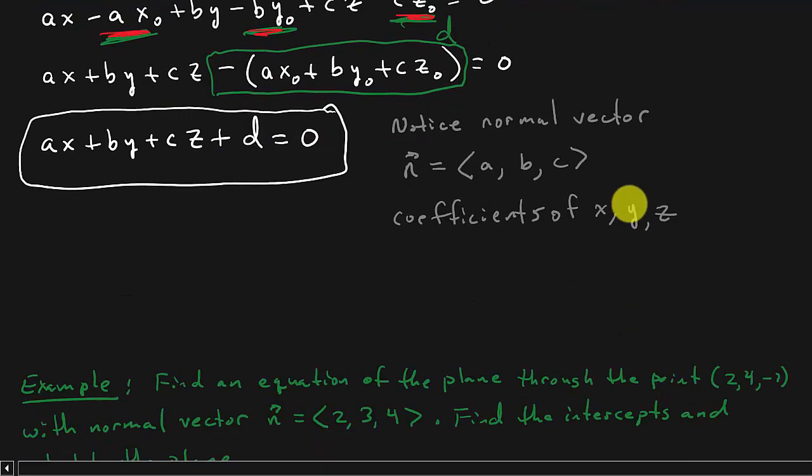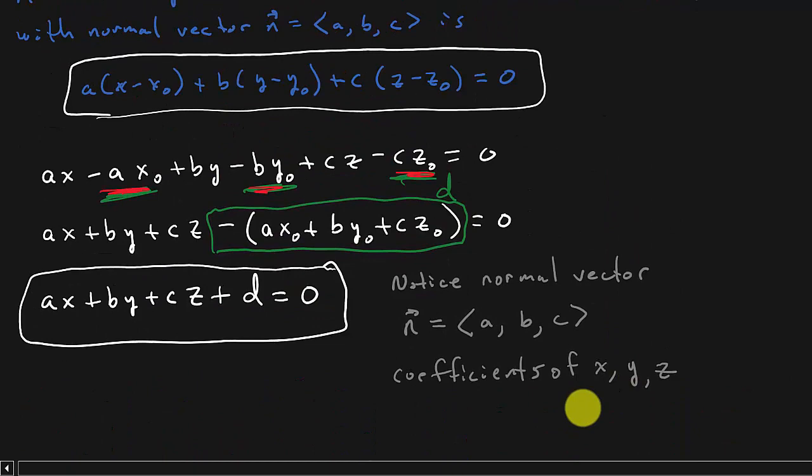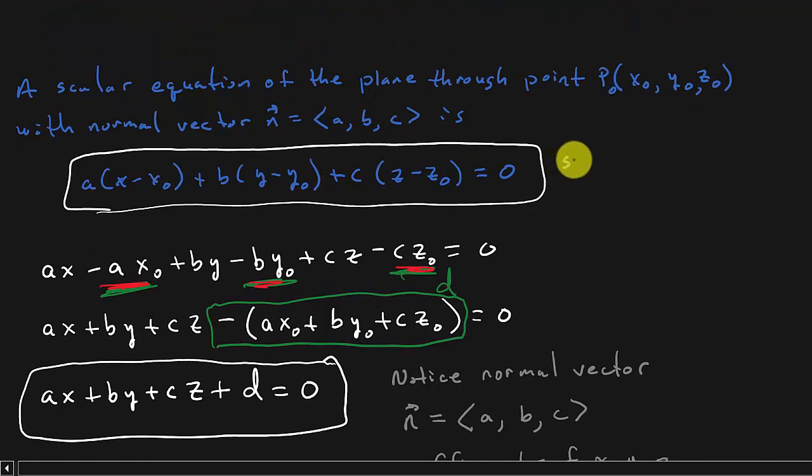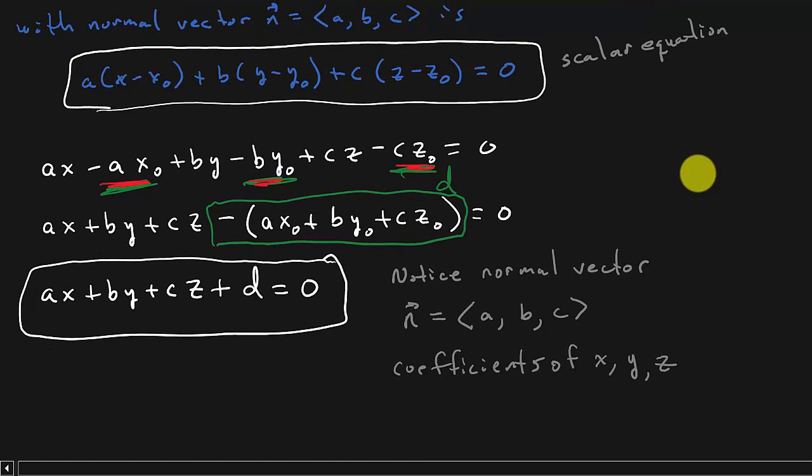And so this is the scalar form, or scalar equation, of a plane. This is the linear equation of the plane.